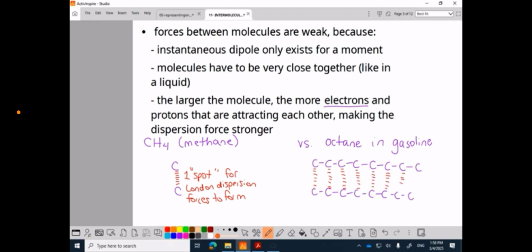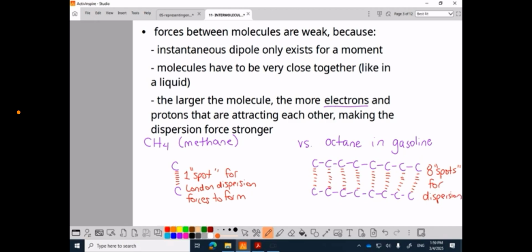As you're drawing all these spots, you can think of them like hands that are holding, or like chains between the two molecules. If you have eight spots for something to form, then that is going to be stronger than one spot.